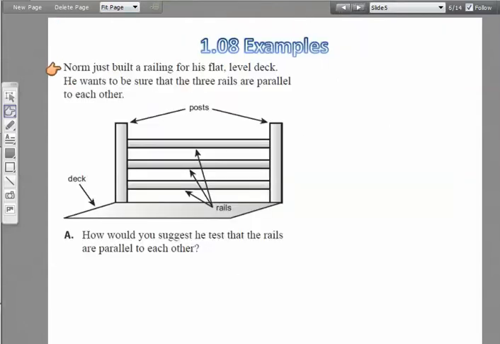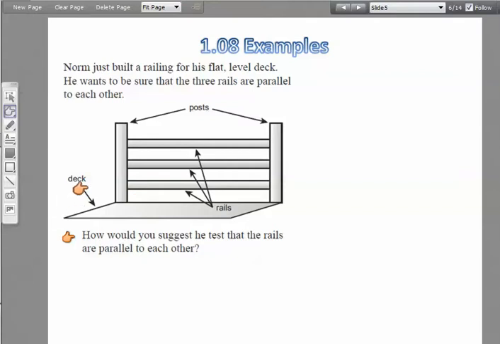So let's look at an example of parallel and perpendicular. It says Norm just built a railing for his flat level deck. He wants to be sure that the 3 rails are parallel to each other. And you've got this little picture here showing you what's going on. It says, how would you suggest that he test that the rails are parallel to each other?